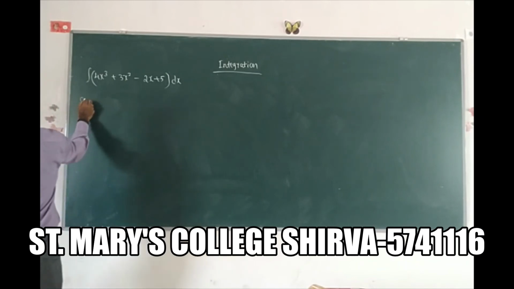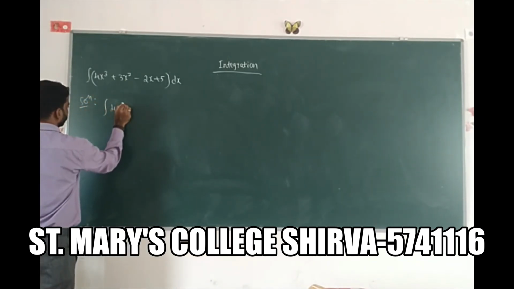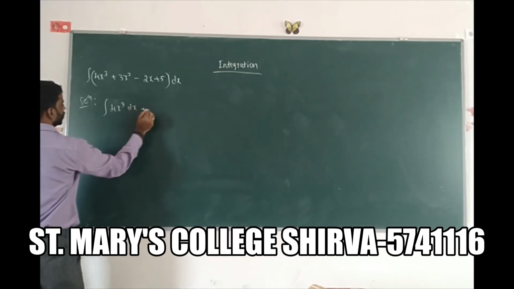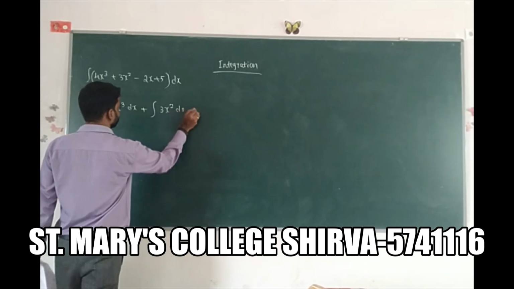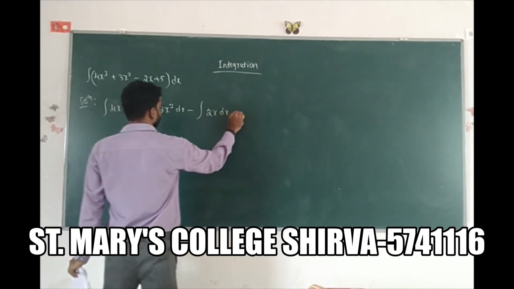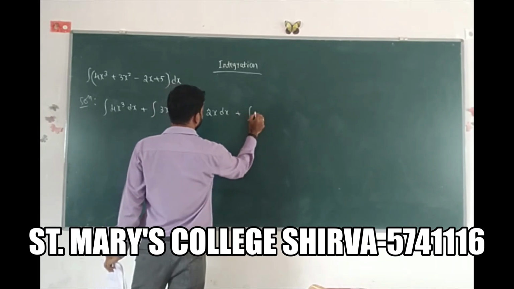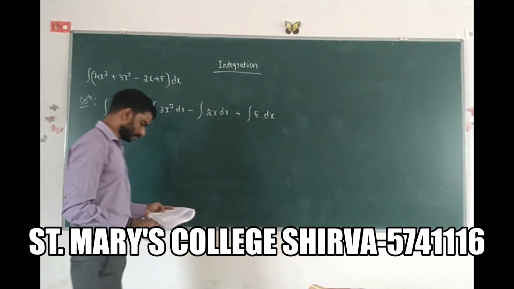Apply the sum rule and split: integration of 4x cube dx plus integration of 3x square dx minus integration of 2x dx plus integration of 5 dx.